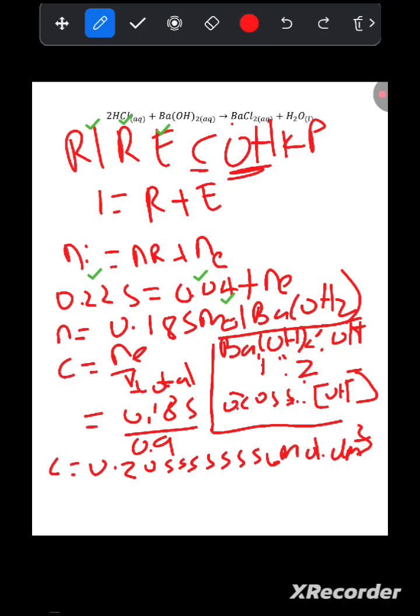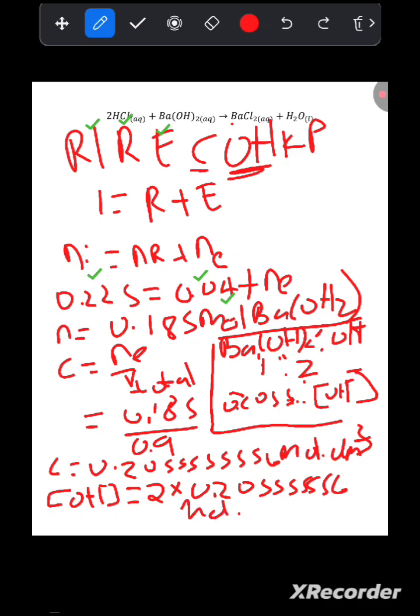You cross multiply. So the concentration of OH minus is equal to 2 multiplied by 0.2055556 mole per cubic decimeter.